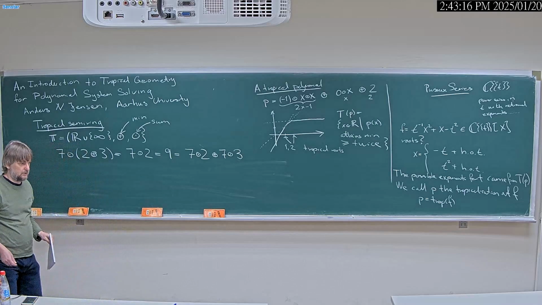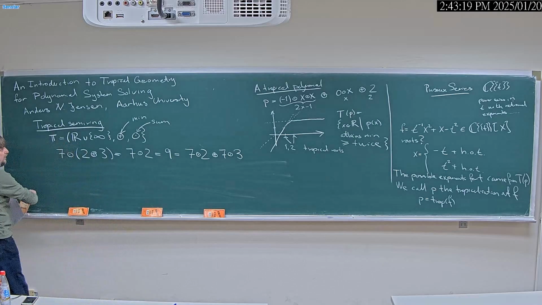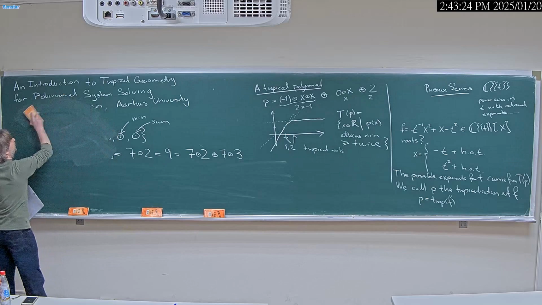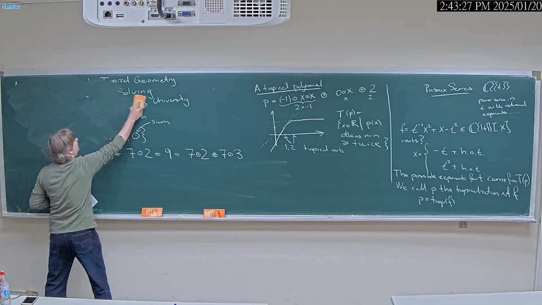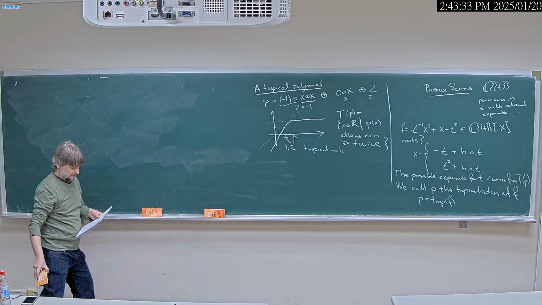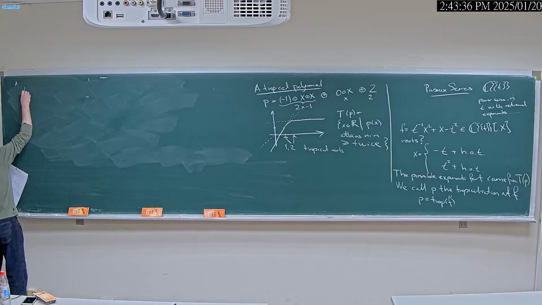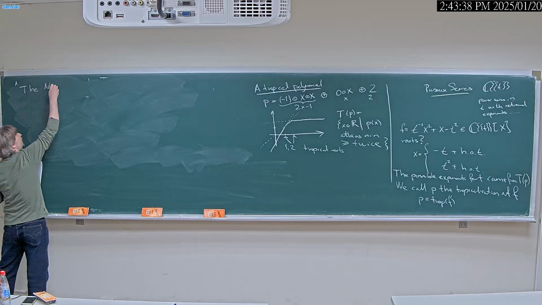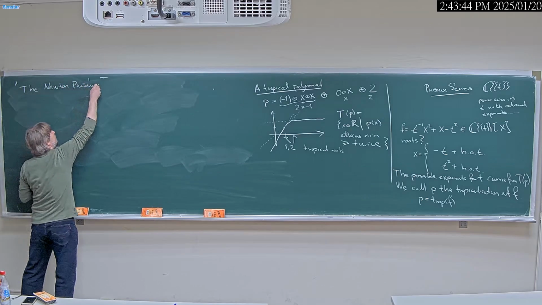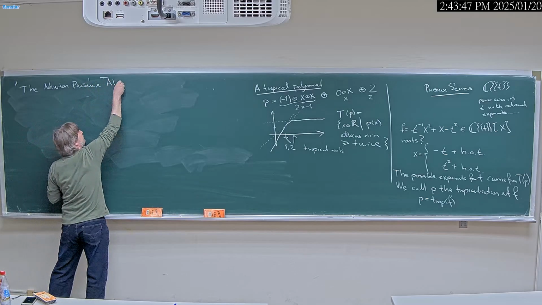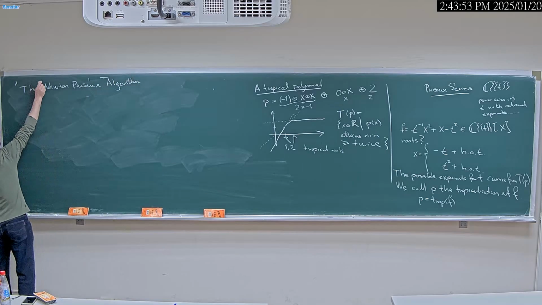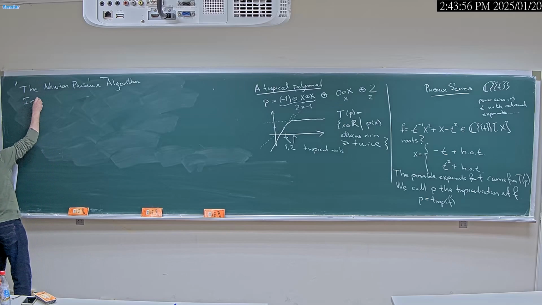So this leads us to the first example of how tropical geometry is useful for polynomial system solving. And that's the Newton-Puiseux algorithm. So what is the Newton-Puiseux algorithm?